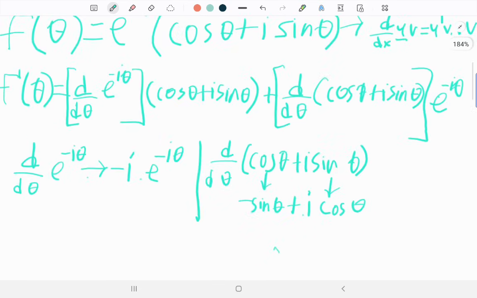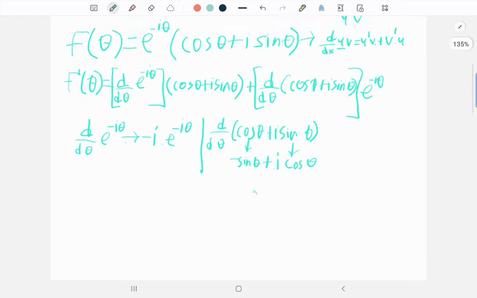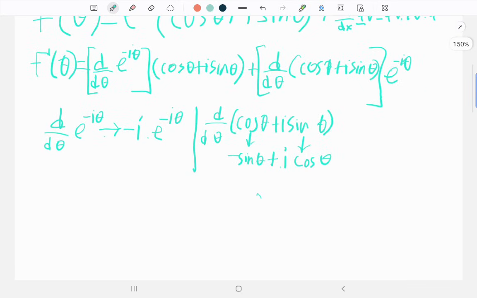Okay, so now we've solved the derivatives. Let's now apply it back into our original problem.